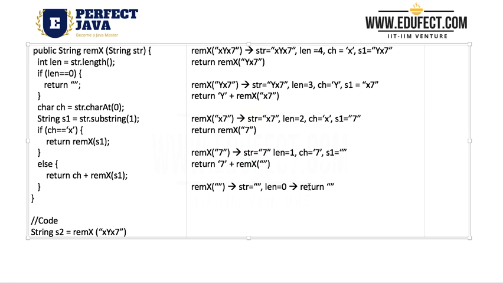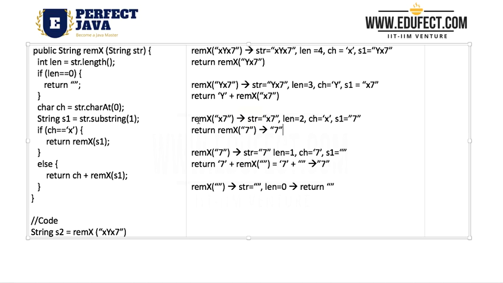Now when it returns an empty string, we have gotten this return value. So what will this become? This will become 7 plus empty string. So this will return the string 7. So now once we have gotten the return 7, this will just return remx of what we had called here. So here we will get a return value of 7.